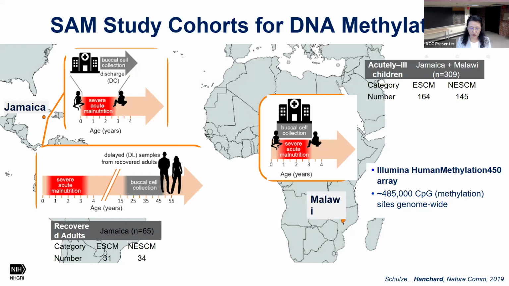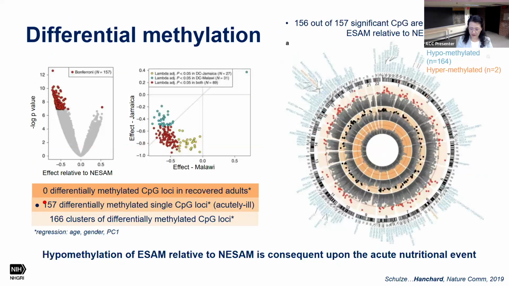For the buccal swab samples and blood samples, we used the Illumina human methylation array, and we analyzed over 485,000 CpG loci to see the methylation status. Based on the 2 cohorts and their stage of SAM development, we identified over 160 methylation sites.